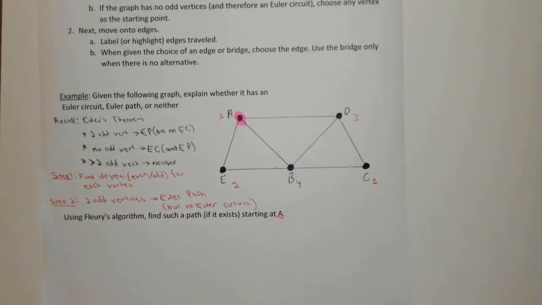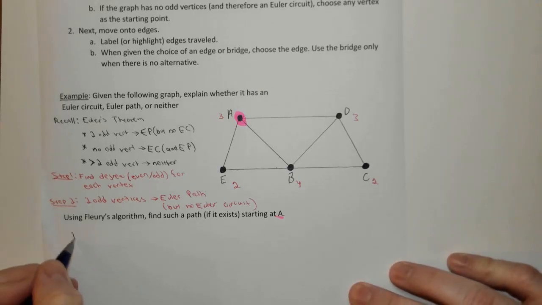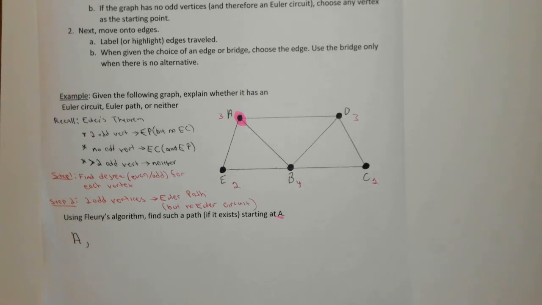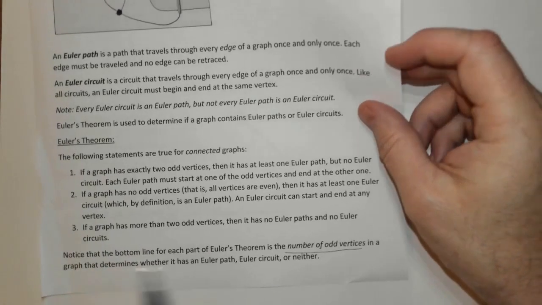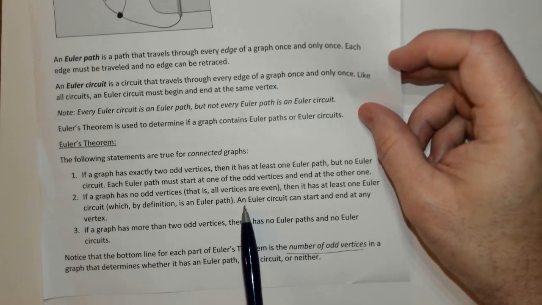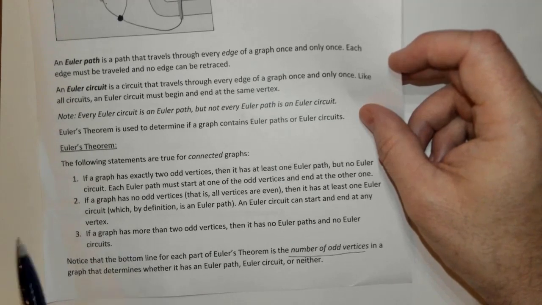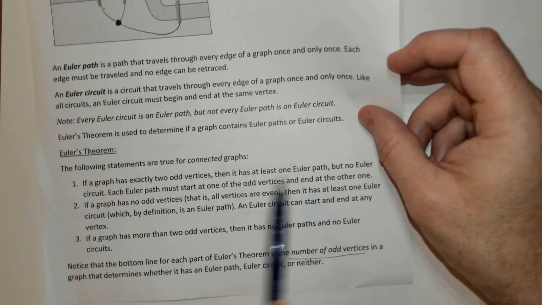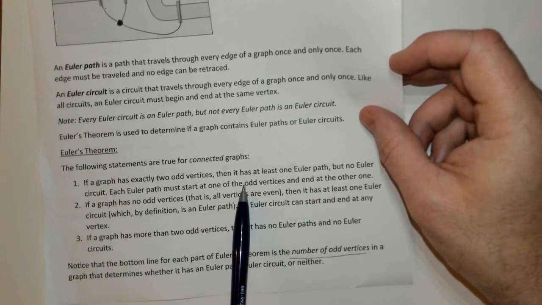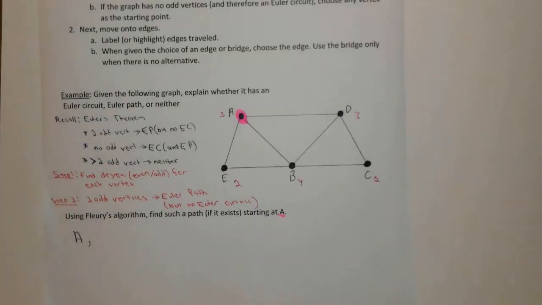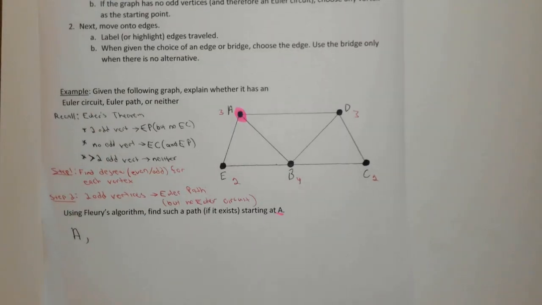Okay, so we're going to start at A. We know it's an Euler path, but not a circuit, so we're not going to end at A. But we do know from the full version of Euler's theorem that if we have an Euler path, you're going to start at one of the odd vertices and end at the other one.